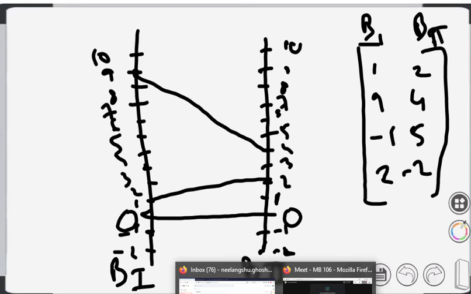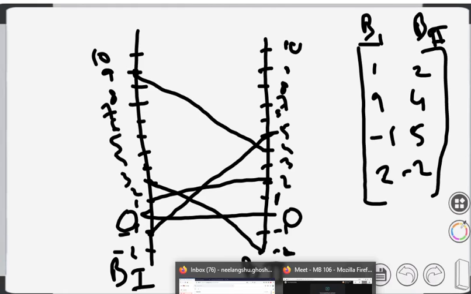Accordingly, join 1 and 2, then 9 and 4, then minus 1 and 5, then 2 and minus 2, like this. Have you joined? Yes, sir.